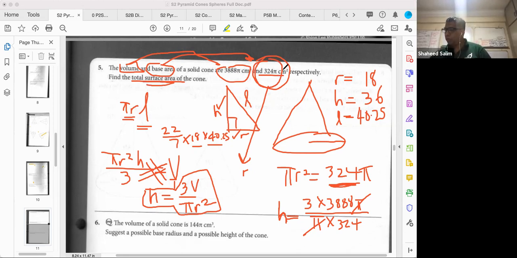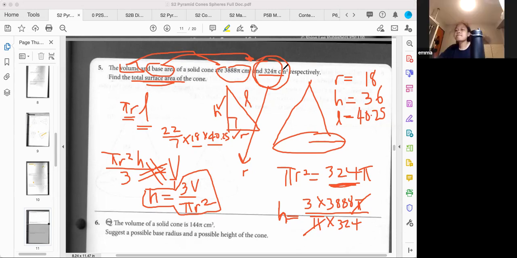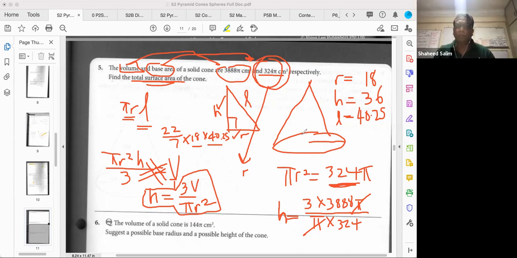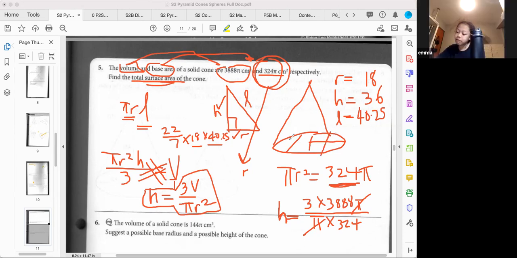You've got to add to this one, the bottom one. 2600.15.